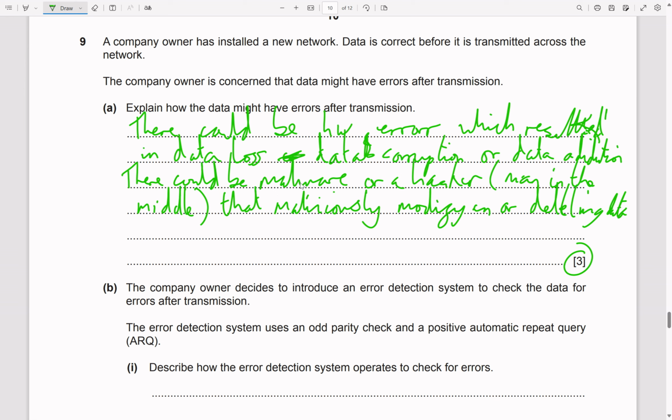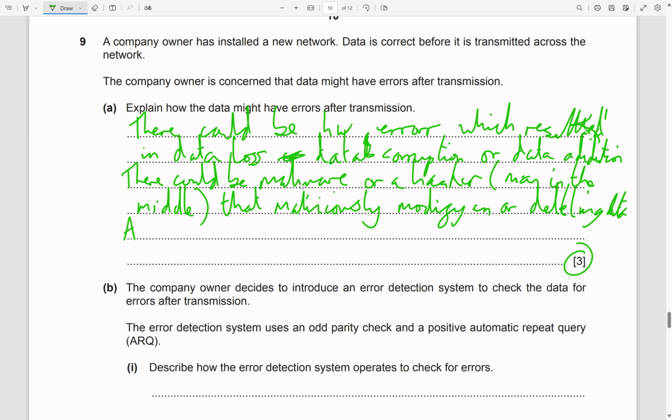Okay, and I think you can also mention maybe a configuration error. For example, a firewall which is dropping packets unexpectedly, because maybe the network has been configured incorrectly and the filter is too strong. It's filtering packets that it shouldn't be.